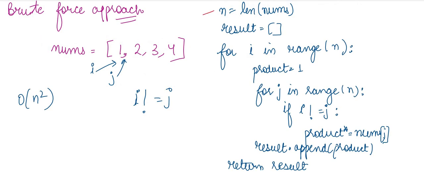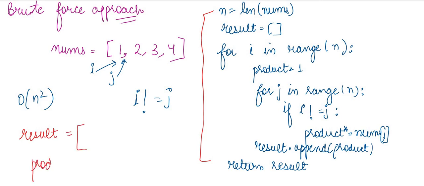As you can see through this code snippet, we will maintain a result array, and every time we will take product to be 1. Whenever we are changing the i value, we are initializing product to be 1 every time in the i loop. In the j loop, whenever j is not equal to i, for example i is 0 initially, so j will also start from 0 to n.